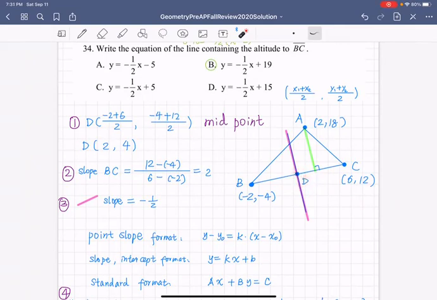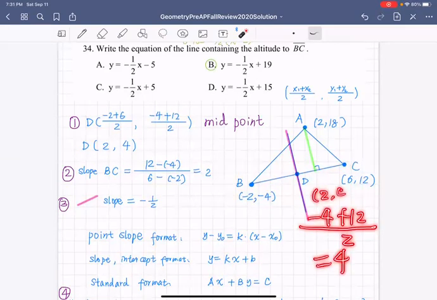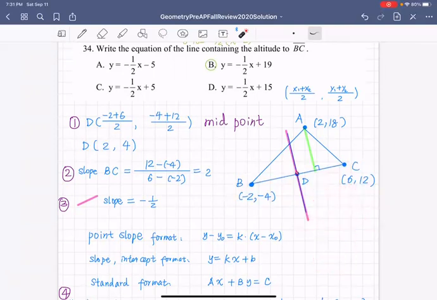So -2 plus 6 over 2 would be 2. This would be the x, and then the y would be -4 plus 12, which is 8, and 8 divided by 2 is 4. So D is (2, 4).